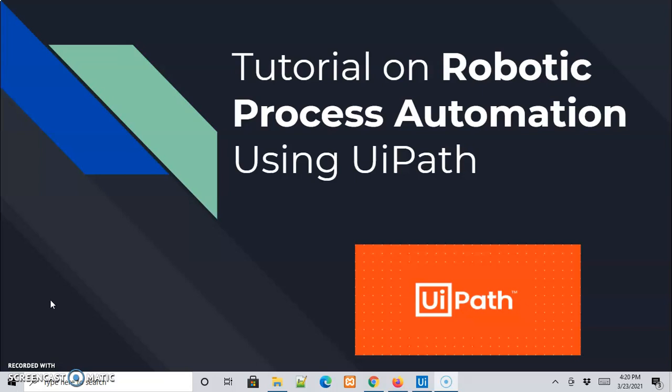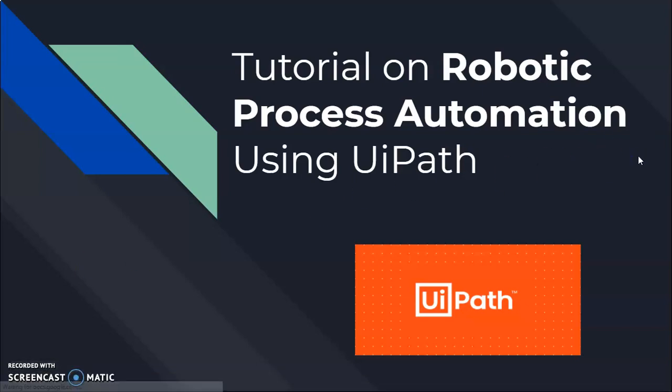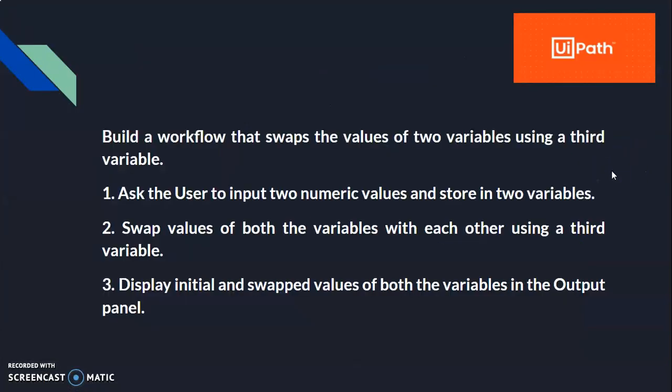So in this tutorial we're going to consider one example to build a workflow that swaps the values of two variables using a third variable. These are the three tasks that we need to do using the UiPath Studio. The first one is to ask the user to input two numeric values and store them in two variables.